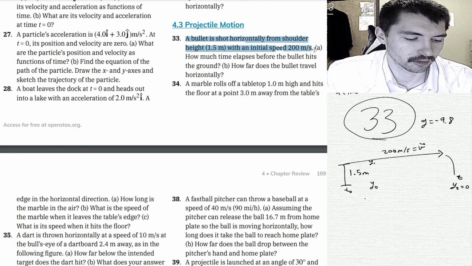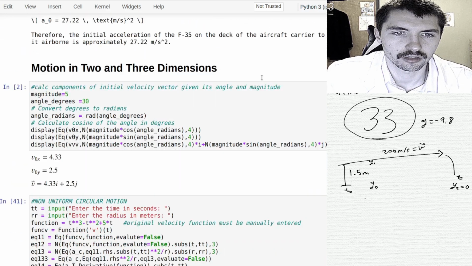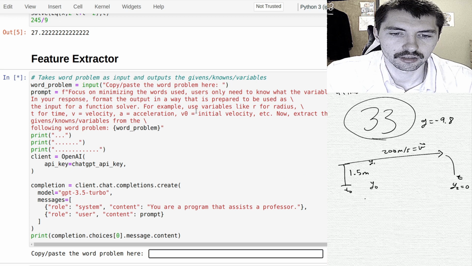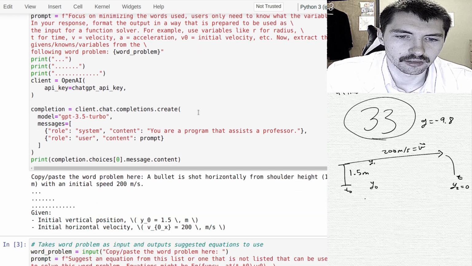I wonder if the language, I just want to check. I don't think this is necessary, but I just want to check if it would catch gravity. If it will even say gravity.